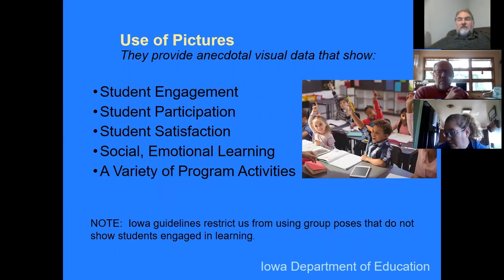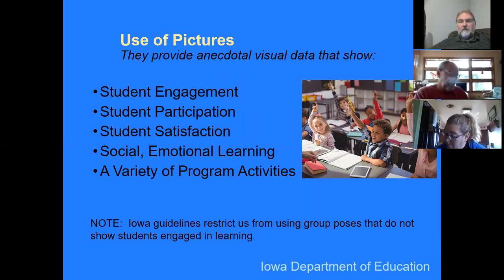Use of pictures. Last year, this guidance in the department came out in the fall. You have to send us a picture of kids engaged in order for us to use it.